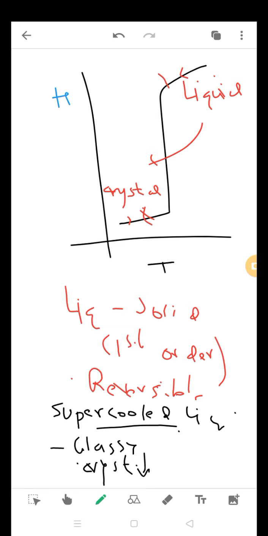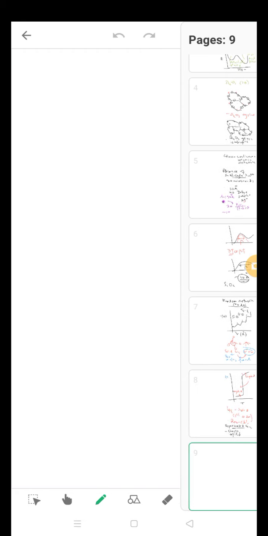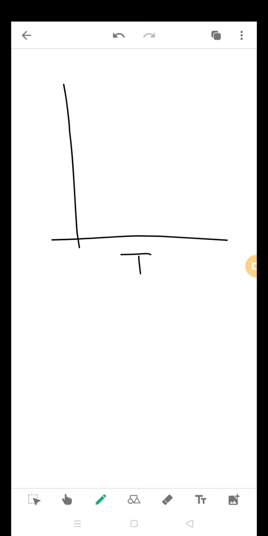Now if you plot another potential versus temperature diagram for glass, and for the consideration of supercooled liquid, it will show a plot like this.